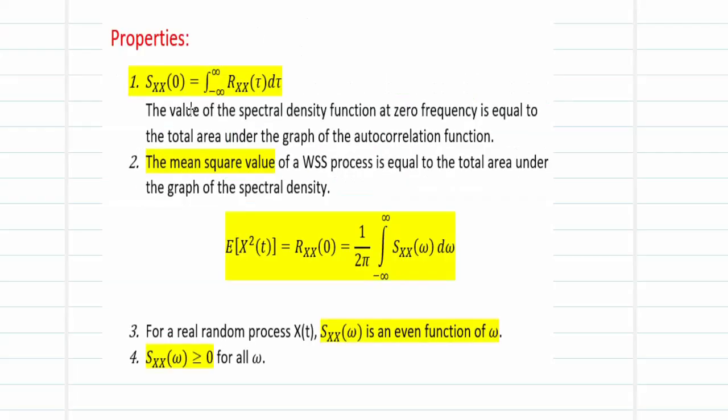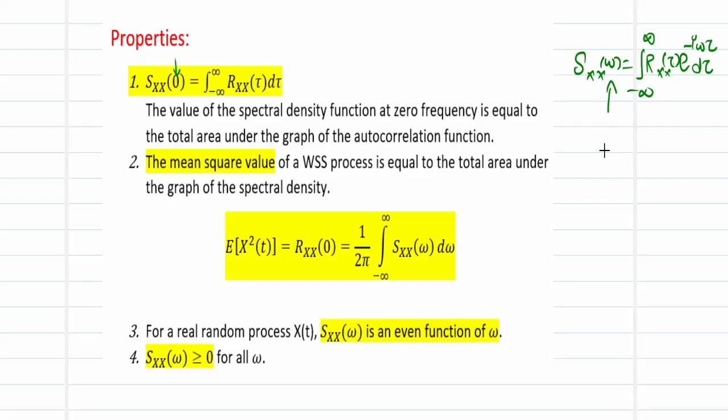Now moving on to the properties. What happens to our Sx of 0? We know that Sx of omega is the integral from minus infinity to infinity of Rxx of tau times e to the power of minus i omega tau, d tau. Now I put omega equal to 0.